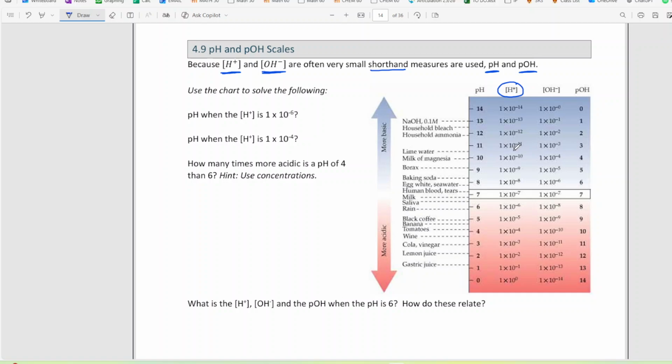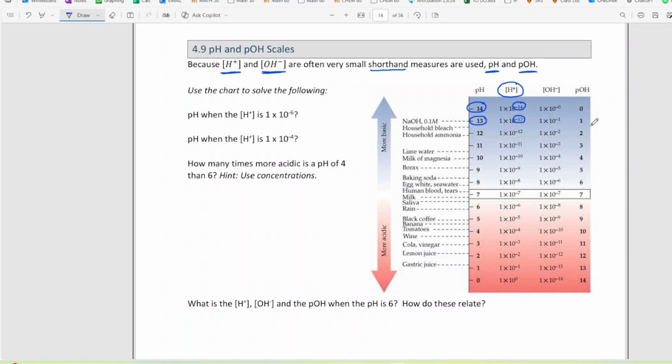And if you look at the pHs, when the exponent is negative 14, the pH is 14. When the exponent is negative 13, the pH is 13. So it's this idea of solving for the exponent in a way. Log base 10 of 10 to the negative 13 would be negative 13, and then we just reverse the sign.